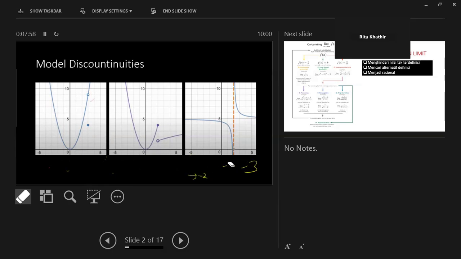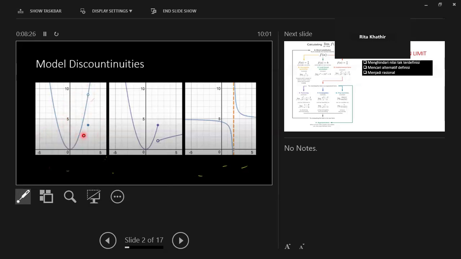Sometimes we have met those problems with discontinuity. But then limit helps us to determine, then we can continue. At first, we think it is discontinued, but after we solve the problem, we can continue.